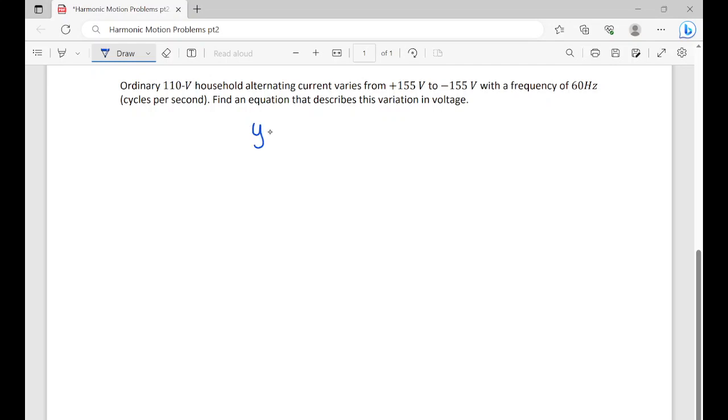So y equals A cosine of omega times t minus b, plus d. Now, do I need everything here? Don't know, but we'll see. Well, I can see it varies from 155 to negative 155. So that's its amplitude, A. That one's pretty easy.